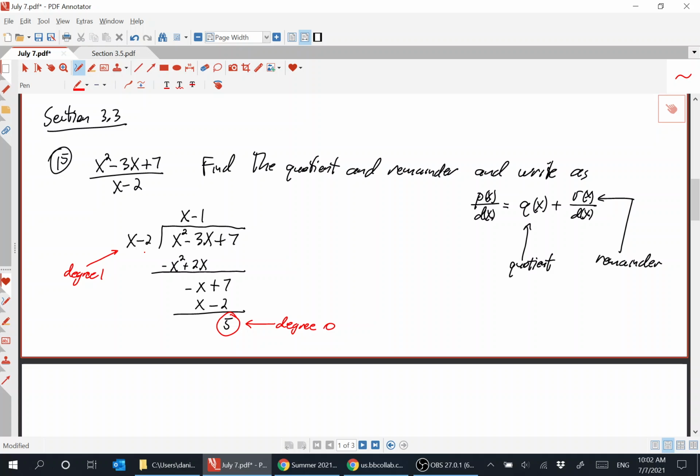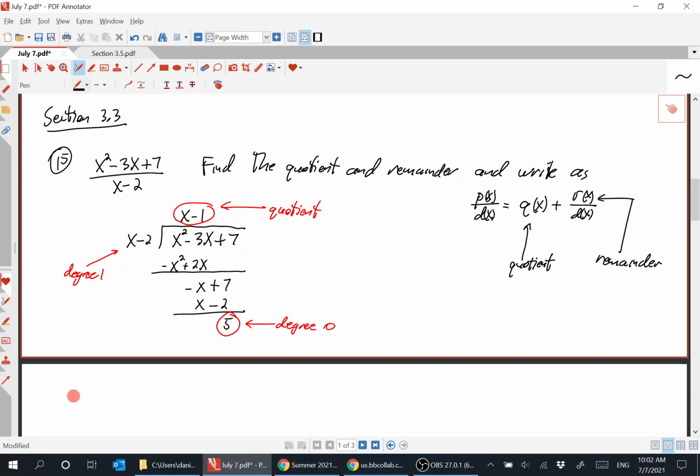Either term works. I can't multiply this by anything to get 5. At each step you want to multiply the divisor by something to cancel out the first term of the remainder at that step, but that can't be done here because the degree is too small. So once you've done that, this is the quotient, and that's your remainder.